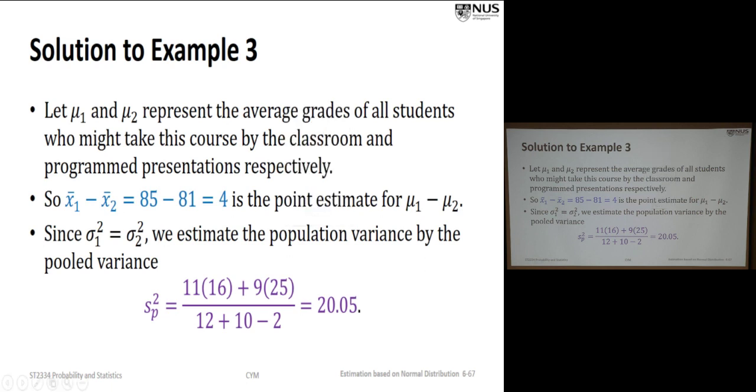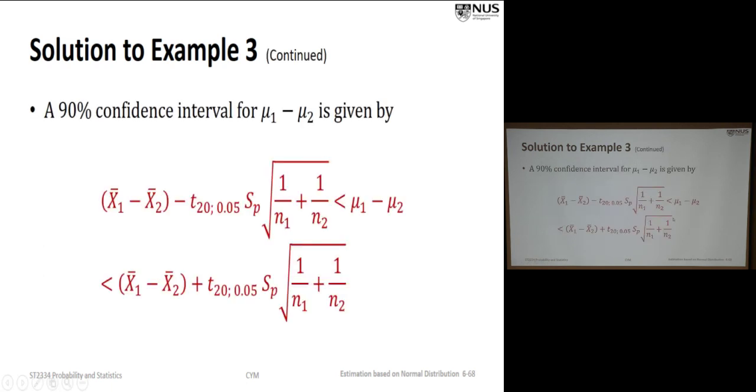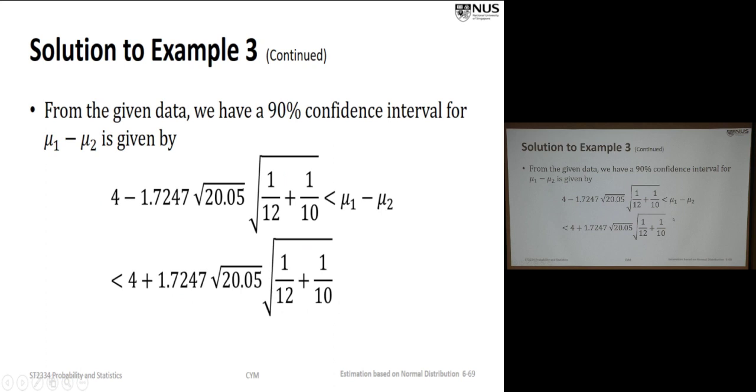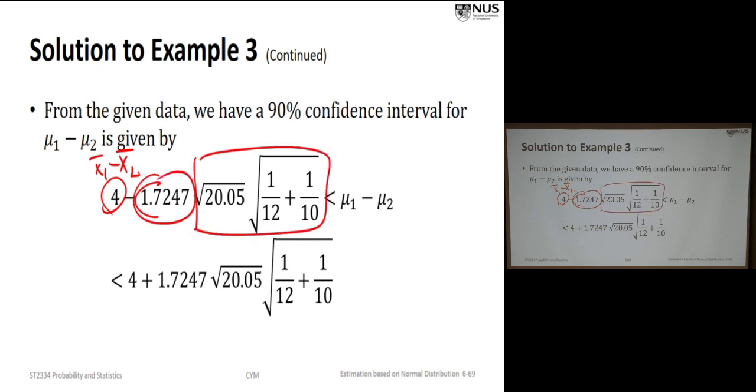And then you construct the interval. So this is x1 bar minus x2 bar, and this is the t, and this is the standard error, or estimate of the standard error. So we just change to plus, then this is the upper limit. All right.